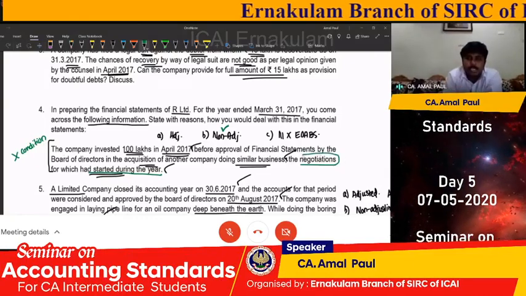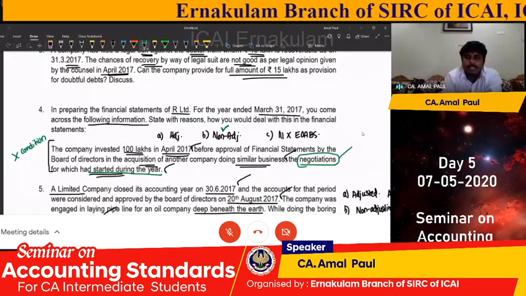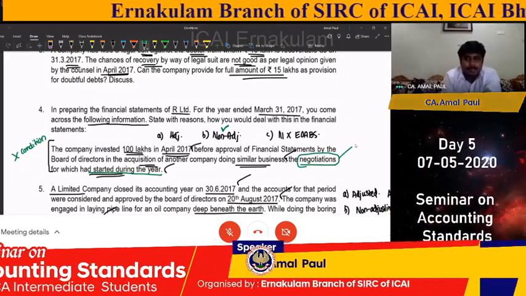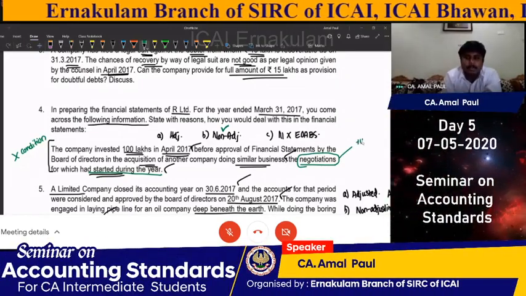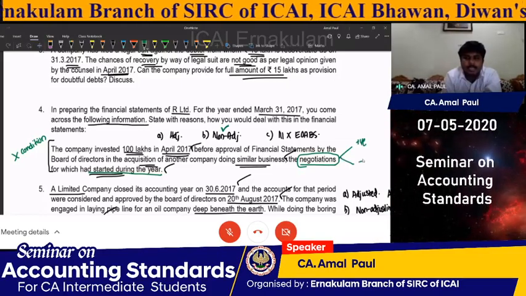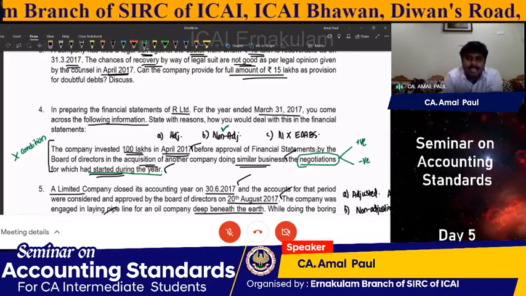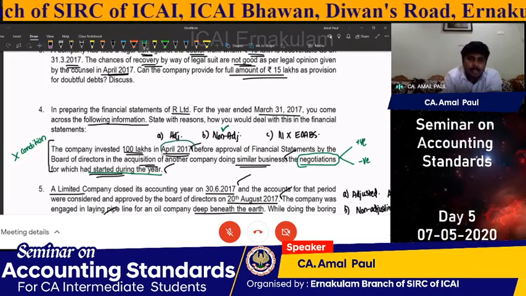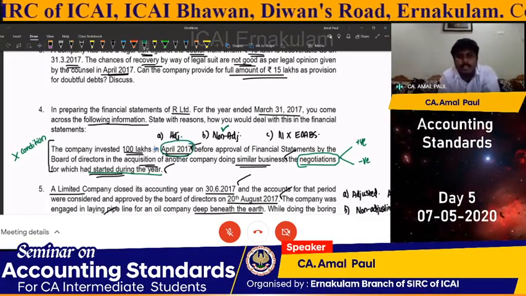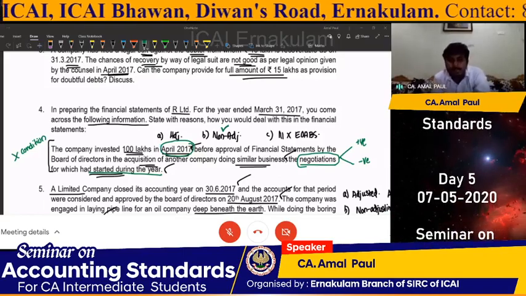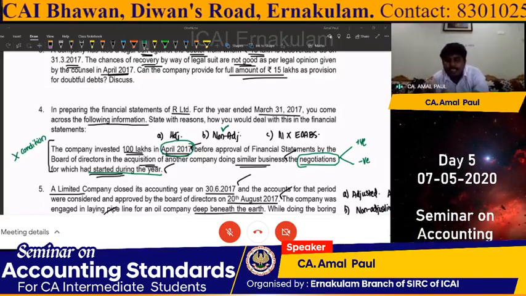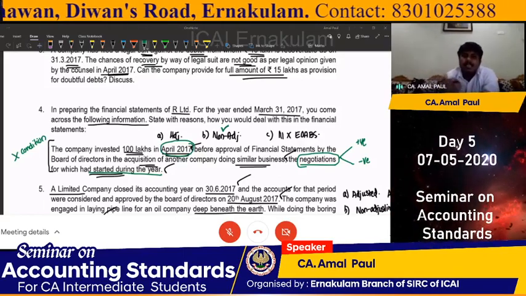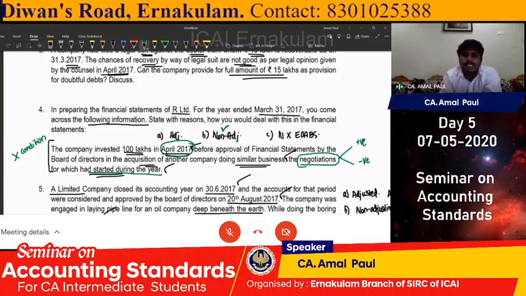Only negotiation started. After this, it may result in a positive way or in a negative way. It resulted in a positive way only in April 2017. On this date only, the condition arose, subsequent to the balance sheet date.